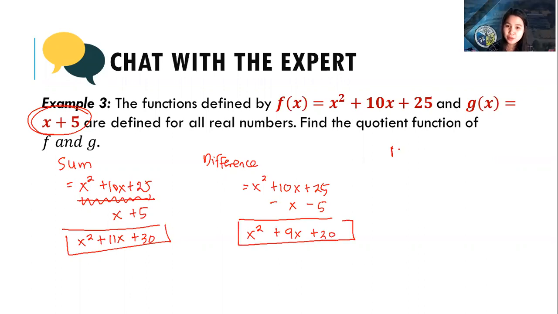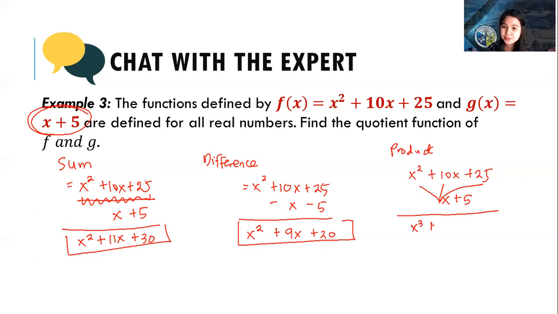How about for the product? For the product function, we just need to multiply it. X squared plus 10x plus 25 times x plus 5. Okay, multiply all first by x. We have x cubed plus 10x squared plus 25x.